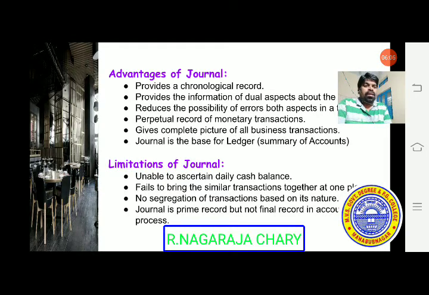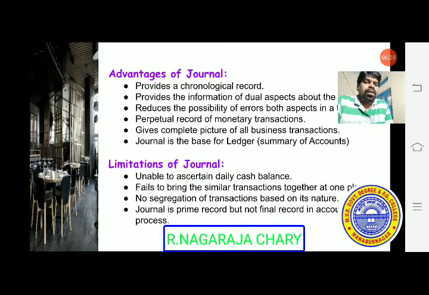So that's why all types of transactions, it may be personal accounts, it may be real accounts, it may be nominal accounts, whatever the nature of account, all types of transactions will be recorded in a journal. So that's why journal gives us a complete picture of business transactions, right.